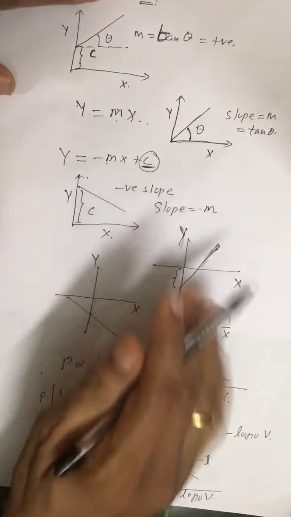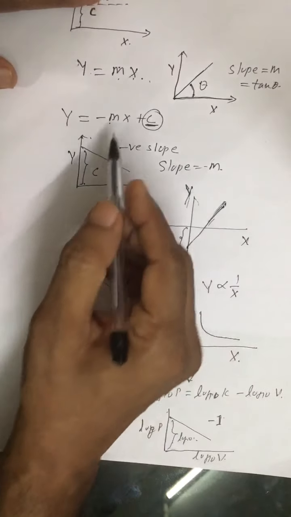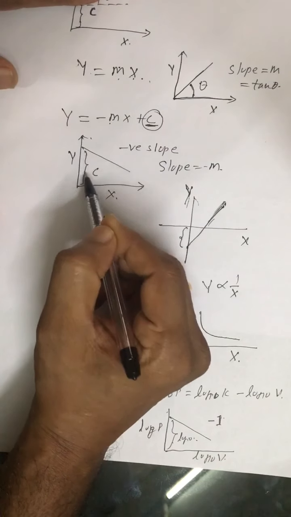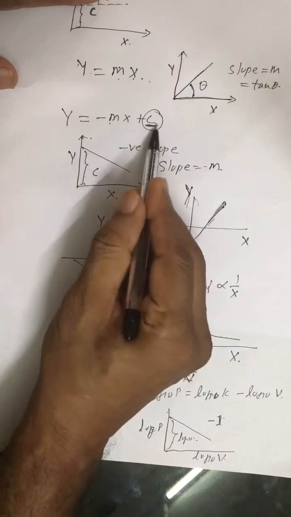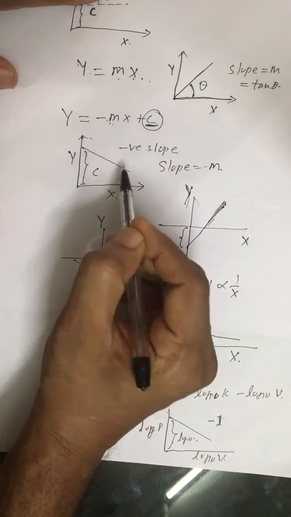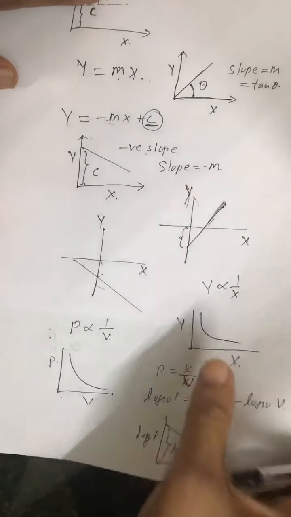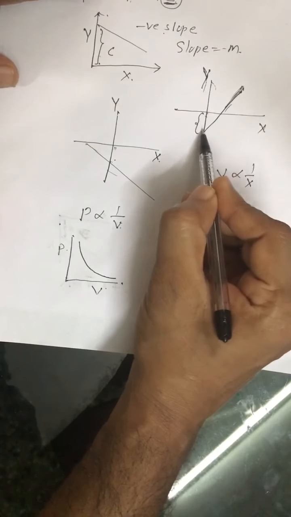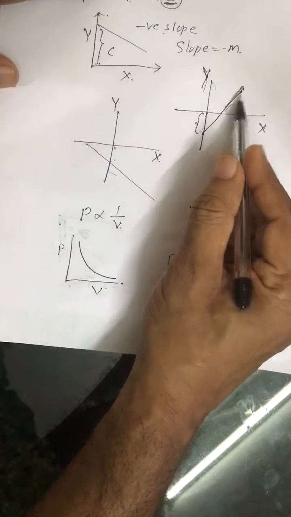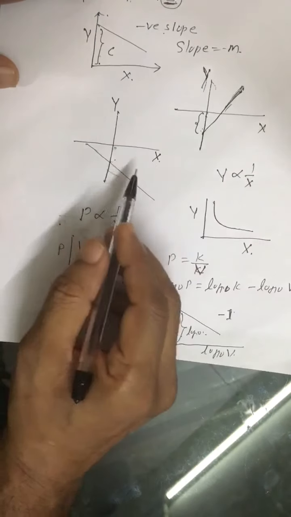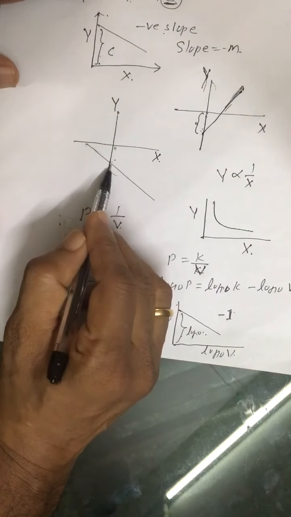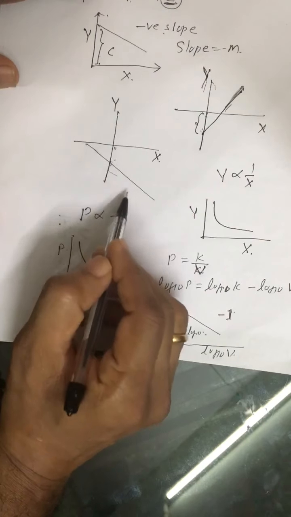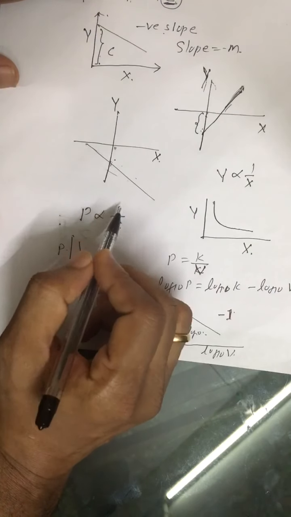And if it is y equal to minus mx plus c, you will see that the intercept is positive but the slope is negative. If you want a negative intercept and positive slope, you will find this kind of graph. And if it is negative slope and negative intercept, you get this kind of graph.